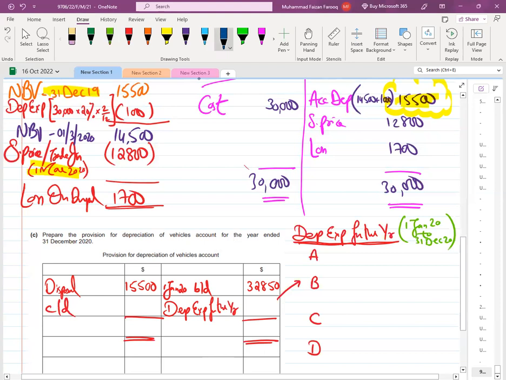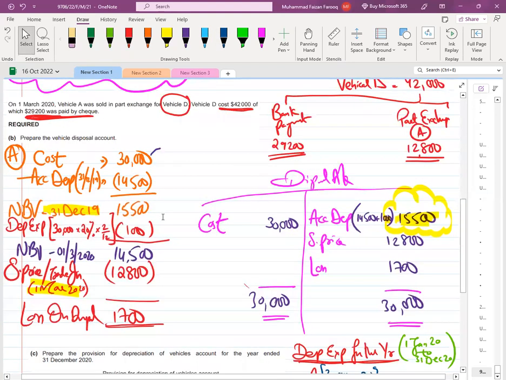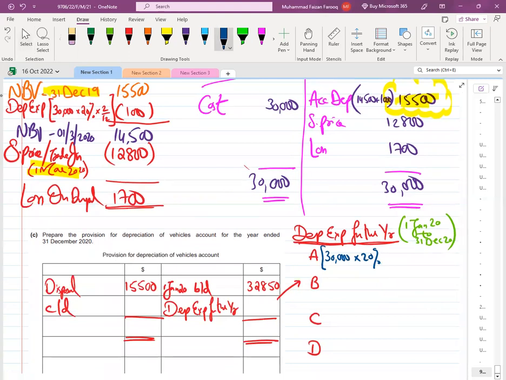Very carefully tell me, asset A, which had a cost of 30,000, 20% is accumulated depreciation. Do we use asset A whole of 2020 or some months in 2020? In requirement B, we already sold asset A, right or wrong? Yes, on 1st of March, means we used it only how many months in that year? 2 months. 2 months depreciation is 1,000, which we already computed.